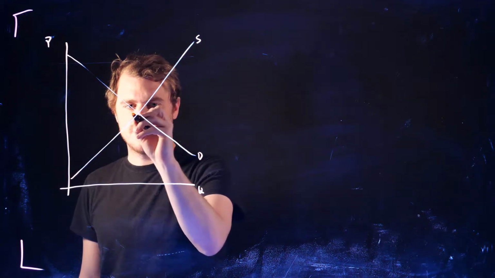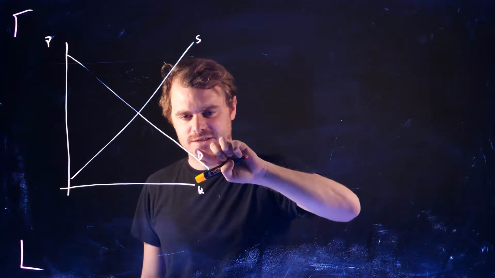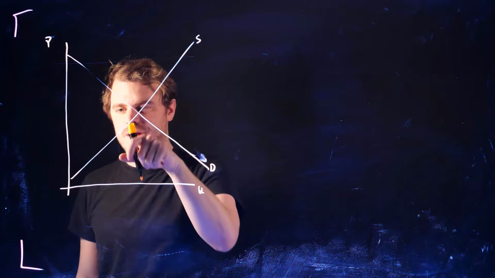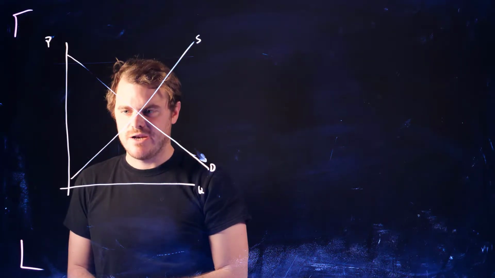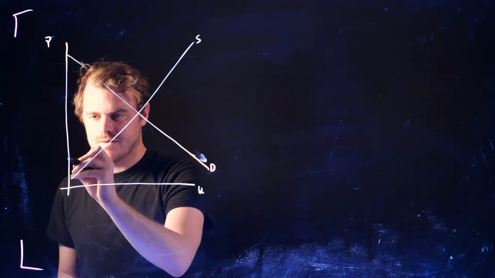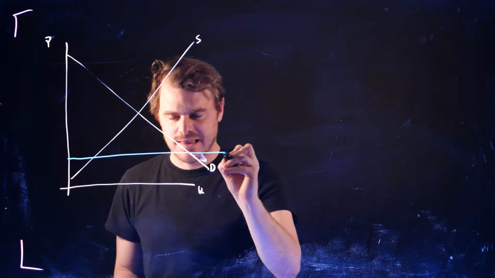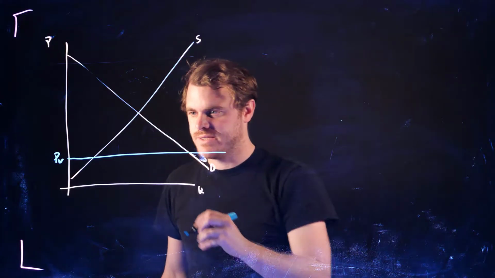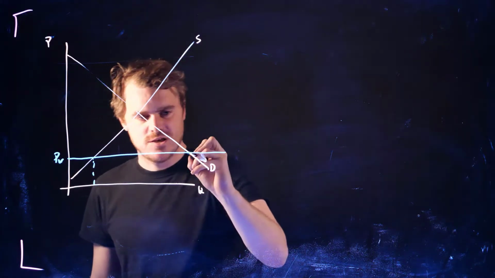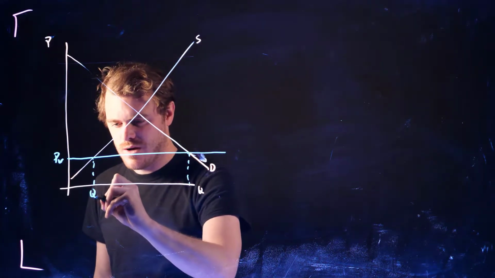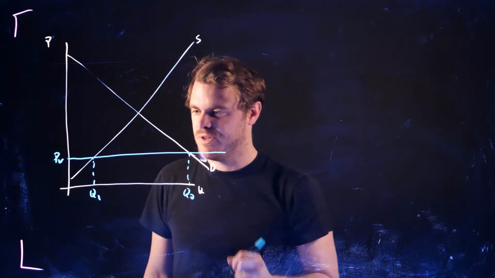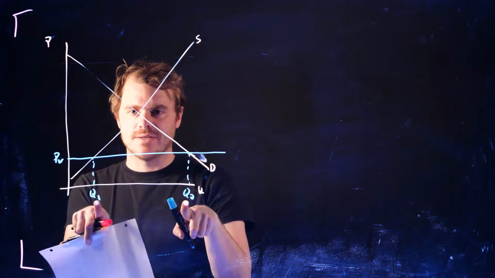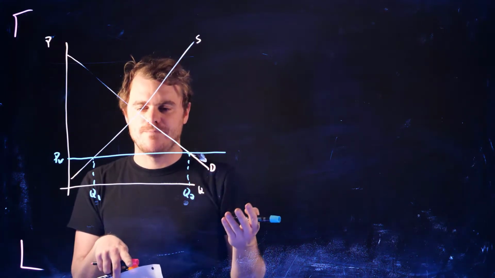Where they meet is going to be the autarky price. But because we already know they're importing, we have this world price that's less than this autarky price. So let's imagine this PW is this world price. Well, that would give us this Q1 and Q2, and this distance between them is the amount of imports before any kind of quota.